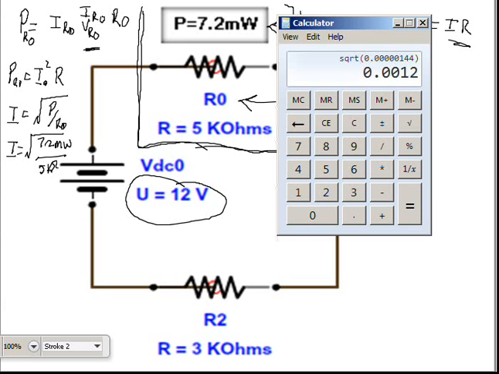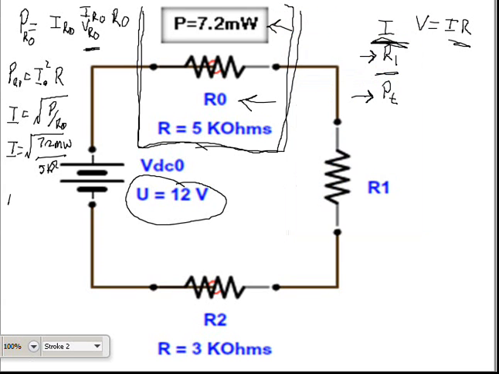We'll take the square root of that, or current is equal to 1.2 milliamps.